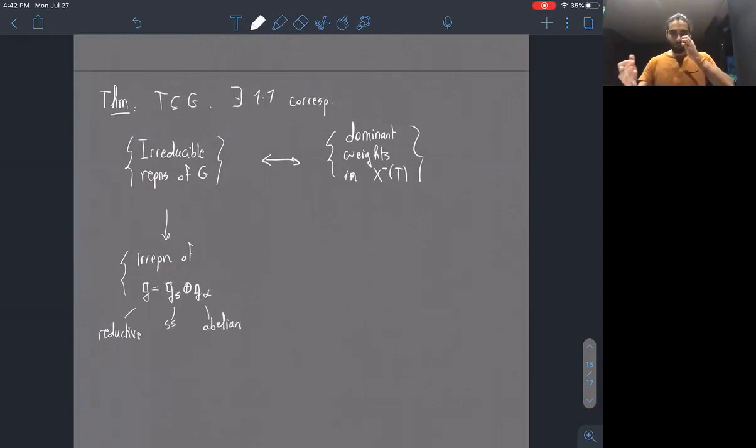Likewise, on the level of weights, a weight is just a character on the torus. If you differentiate that, you get an actual weight of the Lie algebra g. And because we only have integral things upstairs, we only map into integral things downstairs. So here you also map into integral dominant weights.